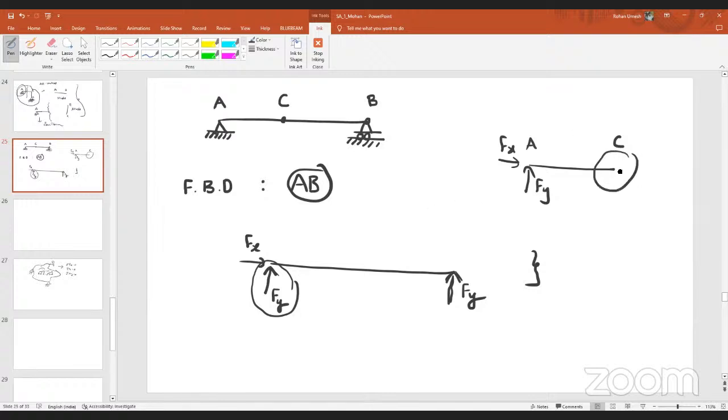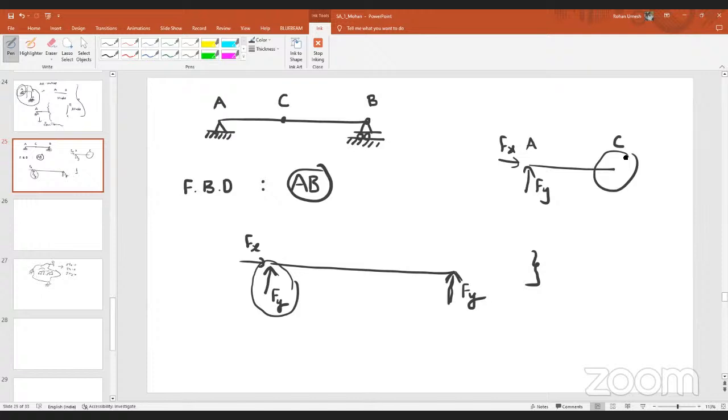Do we have to represent any forces, or will it be a free kind of support? Do we have to represent any forces at point C or not? Not, sir, no need to represent? Yes, sir. So is it a hinge, sir?